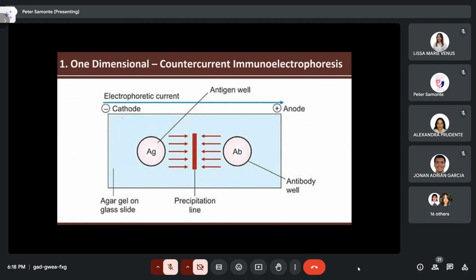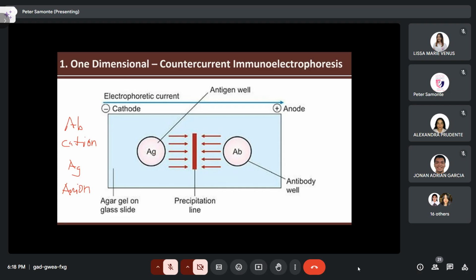So ito siya. You would add, di ba, ang antibody nyo. Your antibody nyo is a positive ion or a cation. Si antigen nyo would be a negative ion. So you would place class your antibody sa anode position, sa other side, sa positive electrode side. And then you would add your antigen, which is an anion, to the cathode.